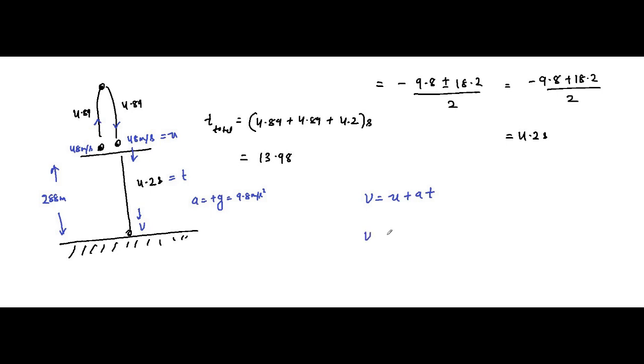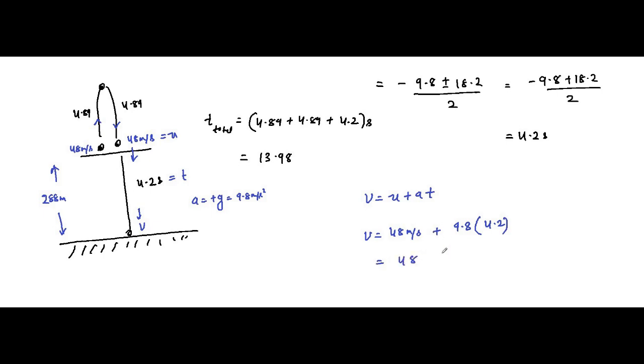So final velocity will be equal to initial velocity 48 meters per second plus acceleration due to gravity 9.8 into t, which is equal to 4.2.